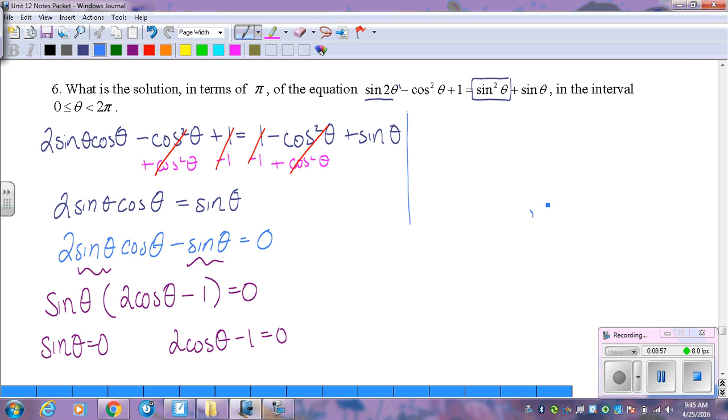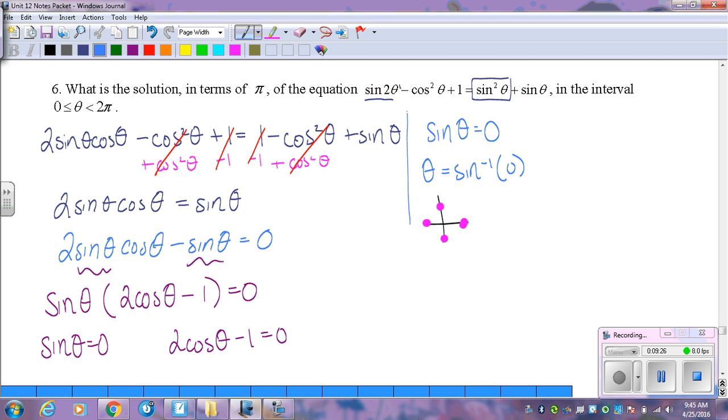So coming up here to the top, if I take sine theta equals 0, we'll deal with that one first. I'm going to do the inverse sine of 0. All right, remember when you have 0, 1, or negative 1, we use our major points on our unit circle. So I'm just going to put those major points on there to remind me what I'm working with. So inverse sine of 0.